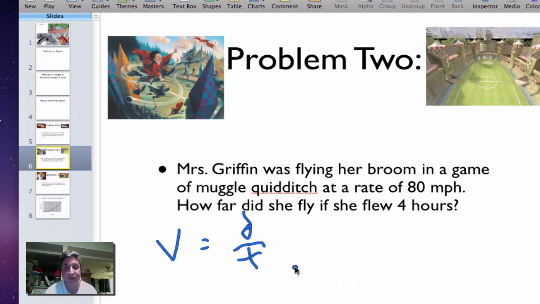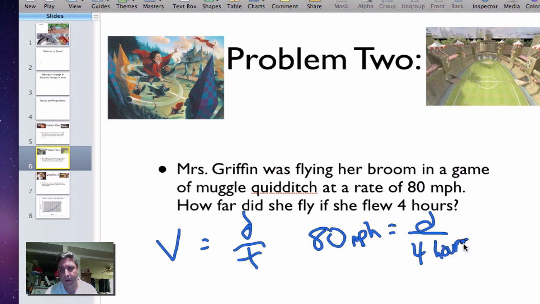They gave me the velocity. So that velocity was 80 miles per hour. And I don't know distance, but I know time, 4 hours. So to solve this, I cross multiply. 80 times 4 equals D.